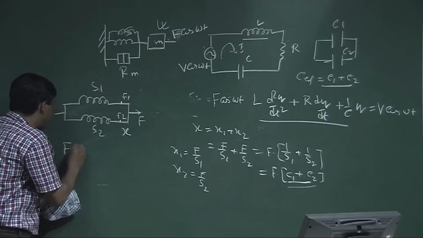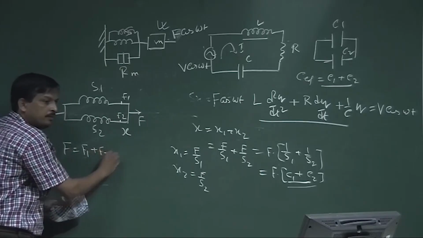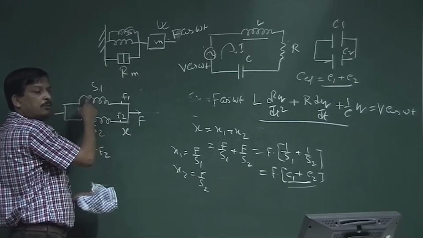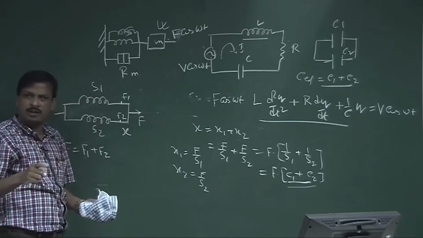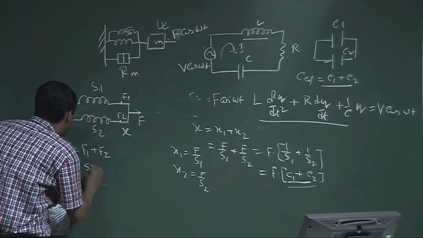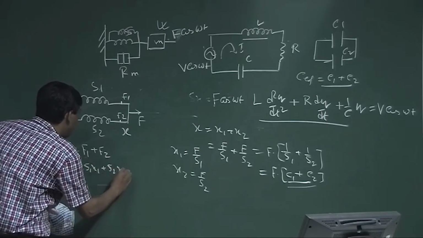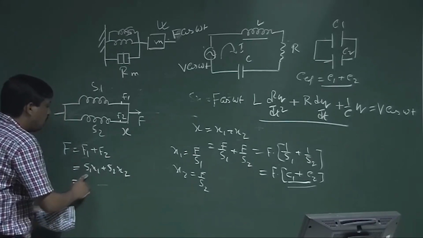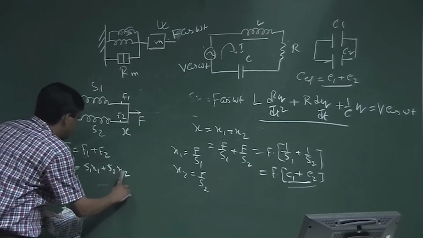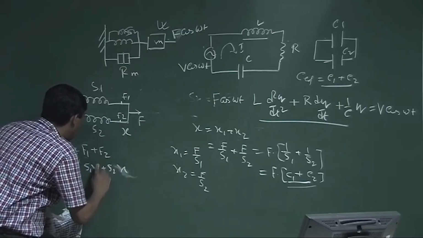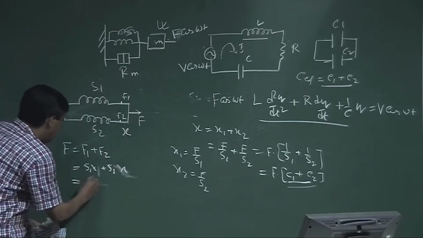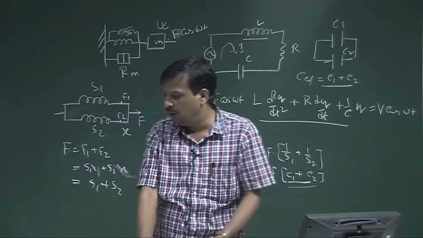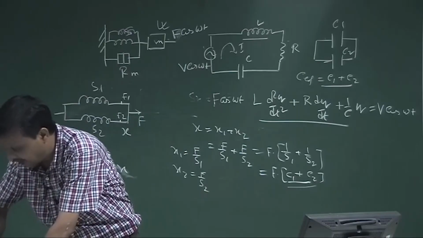So, F is equal to F1 plus F2. Now, what is F1? Spring constant into displacement. So, it is S1 x plus S2 x, since the displacement is x in both. So, it is nothing but S1 plus S2.